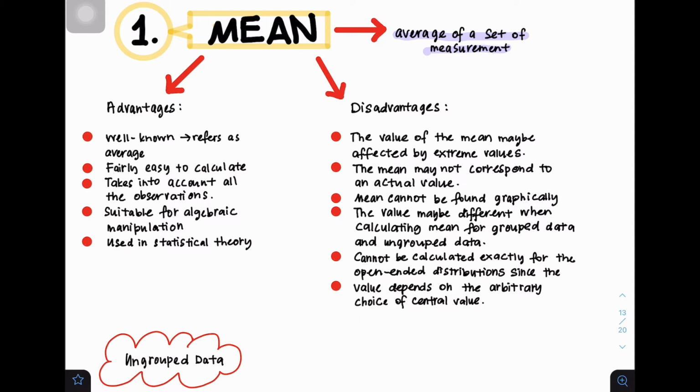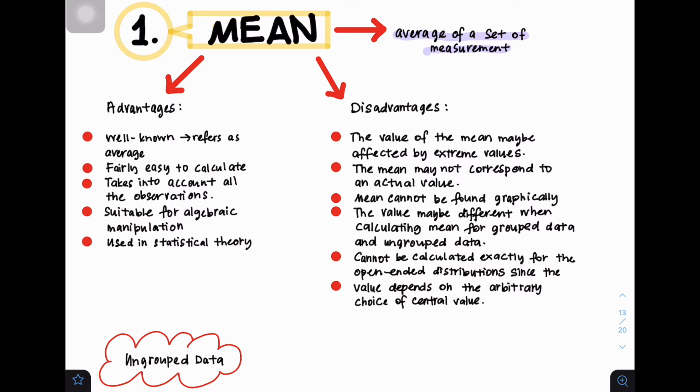Maksudnya kalau kita nak jawab 2 kali, 3 kali, 4 kali tu macam terlalu payah kita nak describe our data. Tapi kita cari purata, so that at the end of the survey atau at the end of the study, kita boleh buat conclusion. Okay, secara puratanya, pelajar program sains part 4 makan sebanyak 3 kali sehari contohnya.